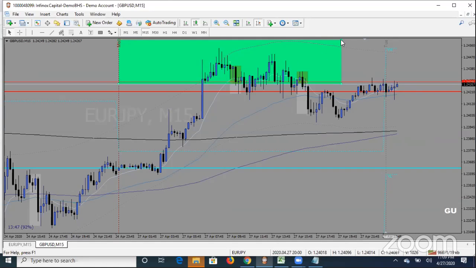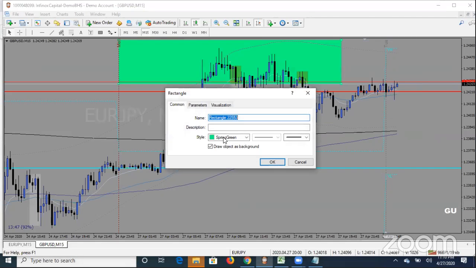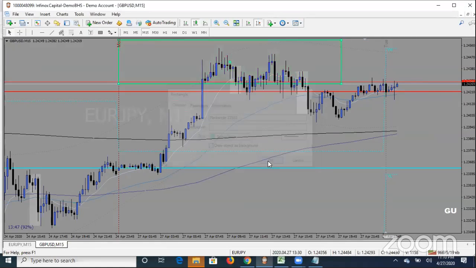I guess this is too dark. Let's look for something. All right, so this was the retest of the order block. The red line down here denotes the order block in the higher time frame.